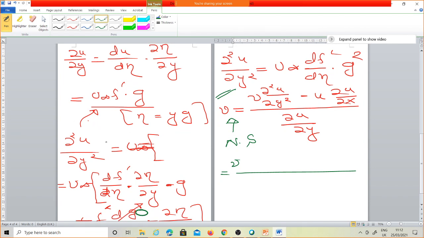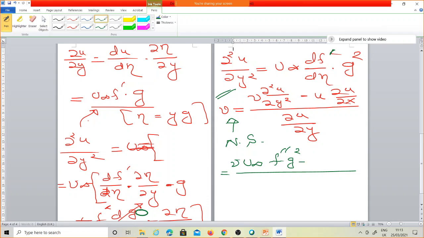So you can write it mu, then you have u infinity, then you have the prime, right? Del f prime by del eta. F is a function of eta, so you can write f double prime. Then we have g square, right?